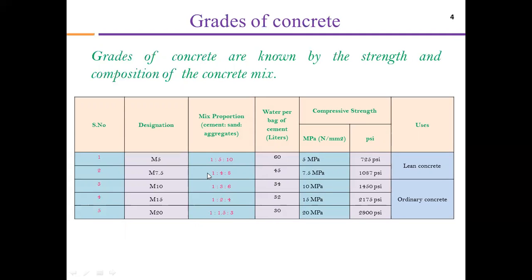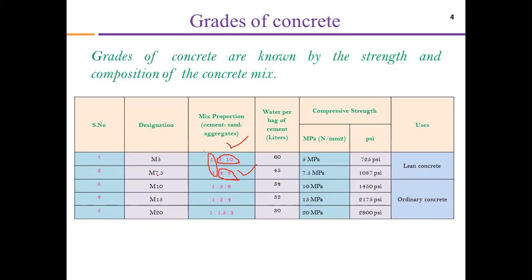So for the same amount of cement in these two mixes, now we are adding almost 15 parts of the aggregate in M5 and 12 parts of the aggregate in the formation of M7.5 concrete.